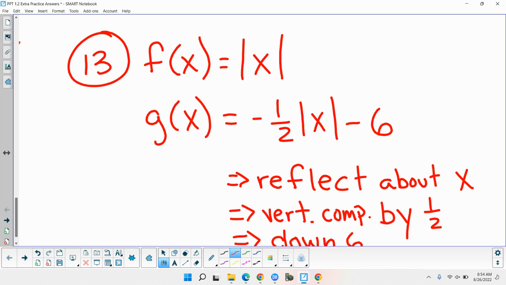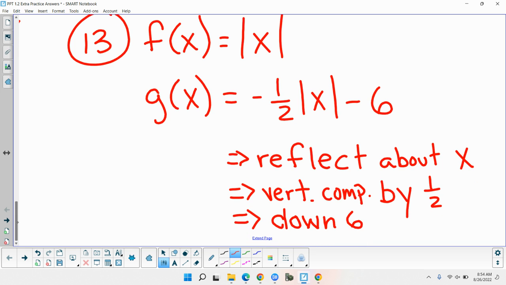So what they did first is they reflected it about the x because of the negative out front, negative for the whole thing. It's a vertical compression or a vertical shrink by half because it multiplied a half times that. And then they went a translation down 6. So there was 3 transformations in that problem.